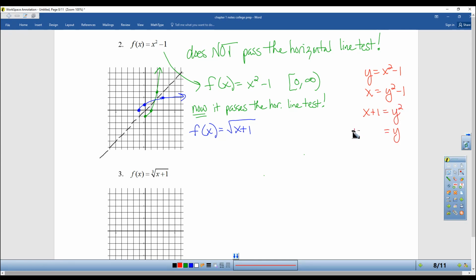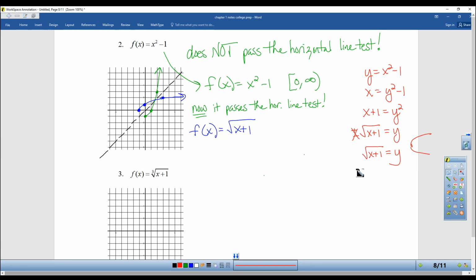Y would be, now technically it would be plus or minus when you take the square root of something. So it's your job to realize that you really just want the plus part of the square root. So a square root function, that's the plus part and that's the minus part. But we just want the plus part.